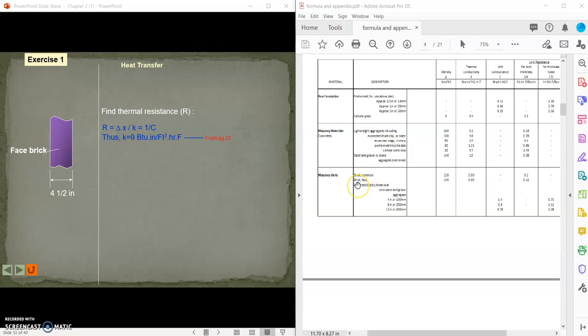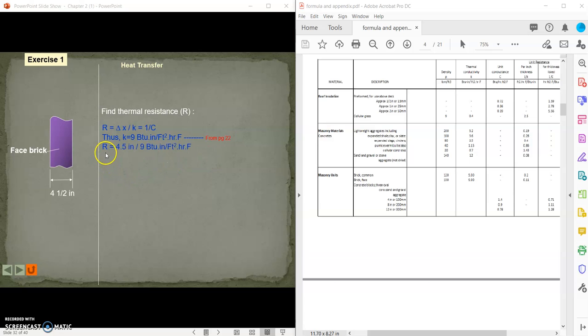So we have here brick, face brick. You can see there is face brick here. The thermal conductivity is 9 here. There is no C because we already have the thickness. You have to make sure when we have the question, whether we choose the C or K. So face brick is 9.